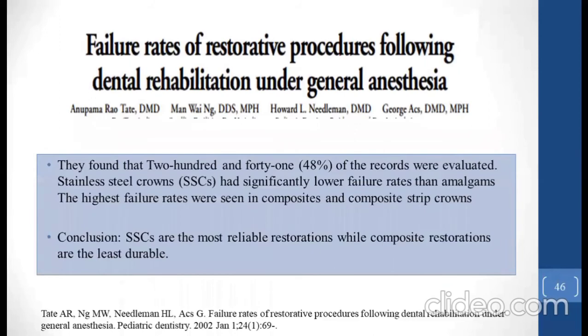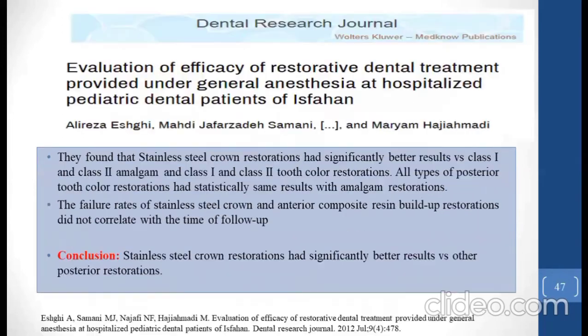Now, the failure rate of restorative procedures following dental rehabilitation under general anesthesia by Anupama Rao et al. They found that 241 records were evaluated, and SS crowns had a significantly lower failure rate than amalgam, and the highest failure rate was seen in the composite and the composite strip crown. So they concluded that stainless steel crowns are the most reliable restoration, while composite restorations are the least durable.